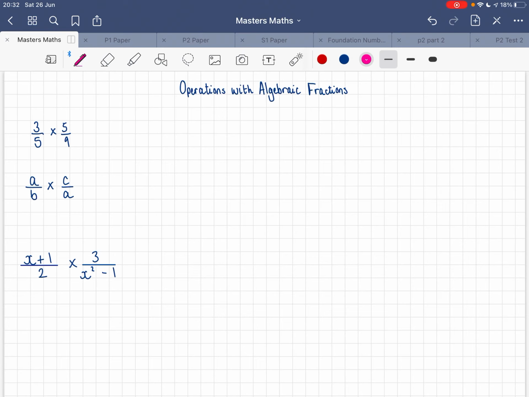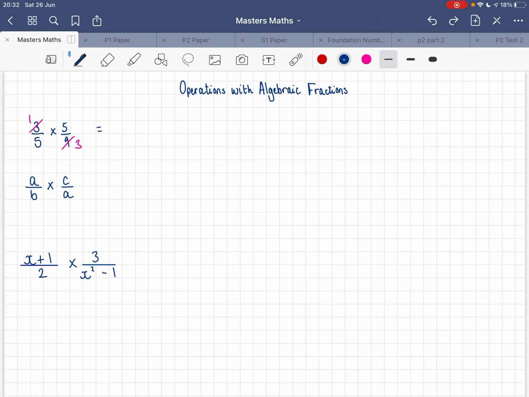So in this example, we've got 3 over 5 times 5 over 9. And we are going to simplify anything that we can first across the diagonals. So 3 and 9 will both divide by 3. So if we do that first, then that makes our multiplication a little bit easier. Oh, hang on.